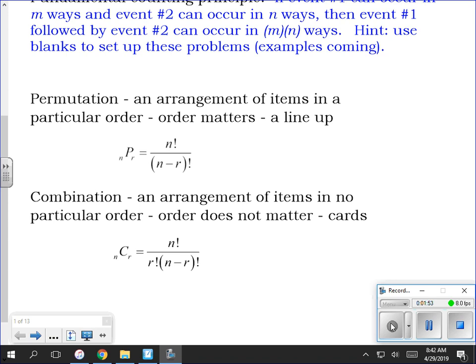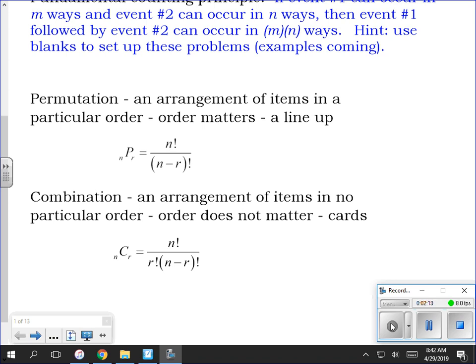Which one gets picked first, second, or third matters. So with president, vice president, and secretary, it matters whose name gets drawn out of the bag for each position because the duties are different. So that would be a permutation. Order matters.